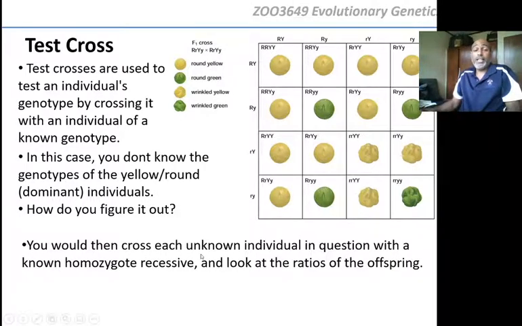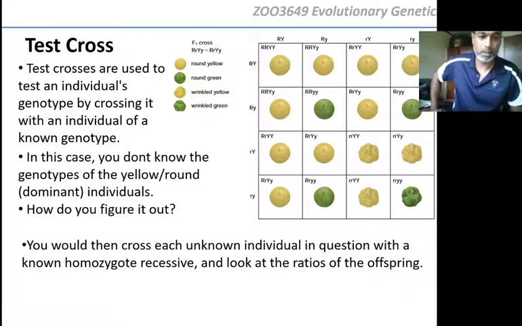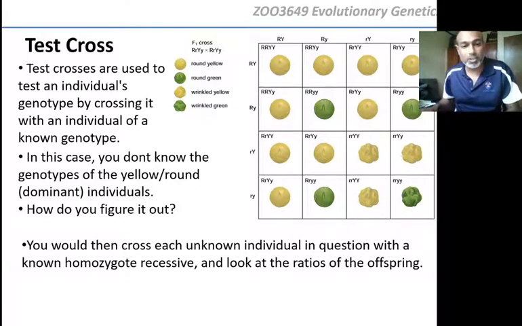You would cross each individual that you don't know with a known homozygous recessive, and then look at what phenotype the offspring has. Okay? So a test cross always has a homozygous recessive that you cross it with.